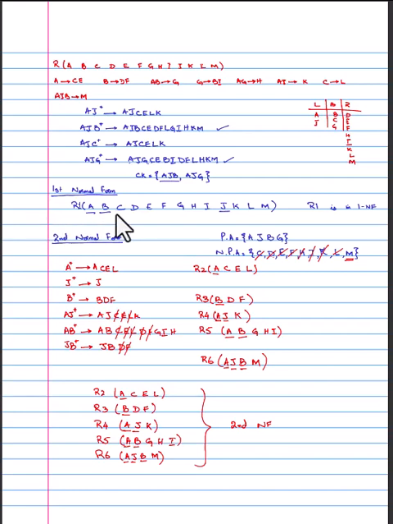How? For example, if we see here, A identifies C, and A also identifies E. That is the union property applied.